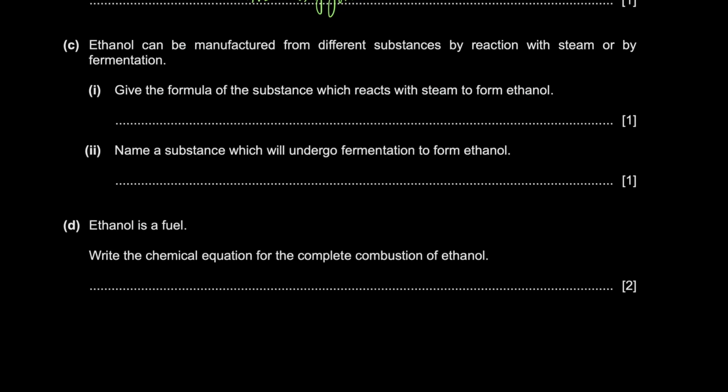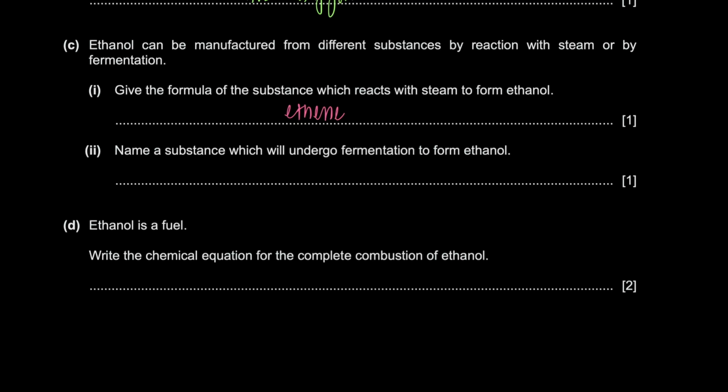Ethanol can be manufactured from different substances by reaction with steam or by fermentation. Give the formula of the substance which reacts with steam to form ethanol. Well, I don't know why I was thinking about it so much. They're talking about ethene can react with steam, water, to form ethanol.